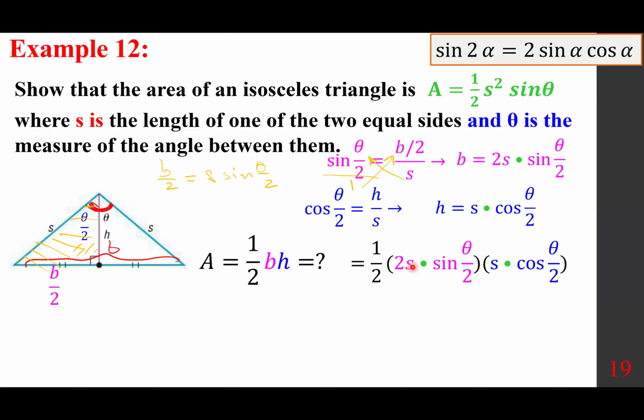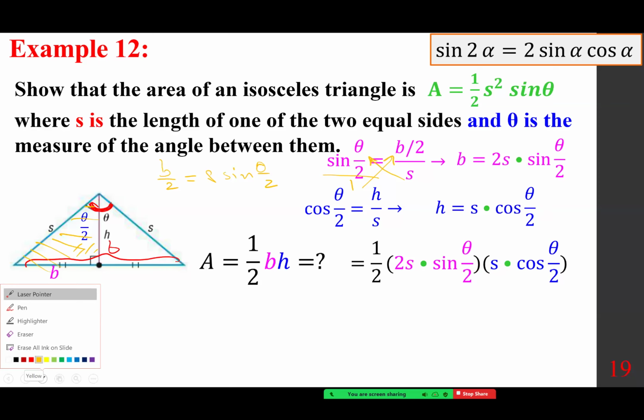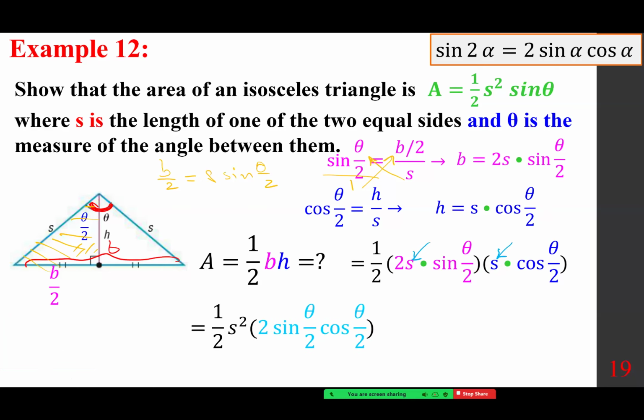So this s and this s, it was s squared. Let's take that out, make it half of s squared, and leave the rest of them in. What is in? Number 2 remains. Sine of theta over 2 remains. Cosine of theta over 2 remains.